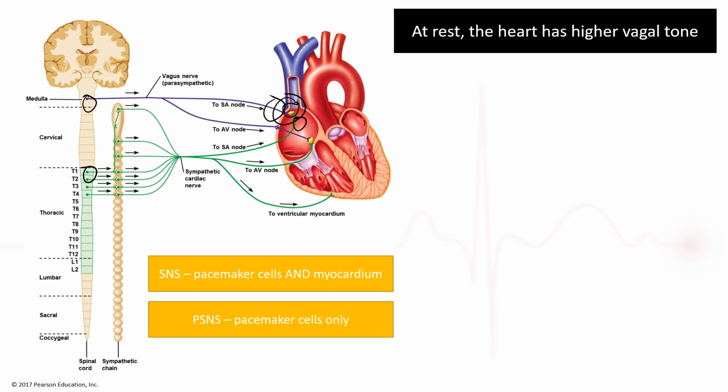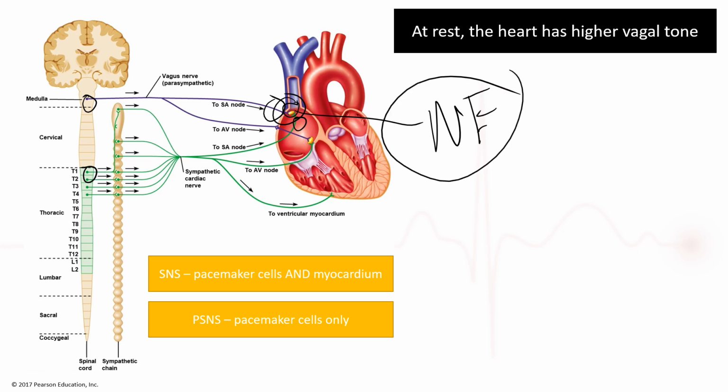Before we do that, what's the neurotransmitter that they release? What we know about sympathetic autonomic motor neurons is that they all release, for the most part, norepinephrine. Norepinephrine is the neurotransmitter of the sympathetic nervous system.